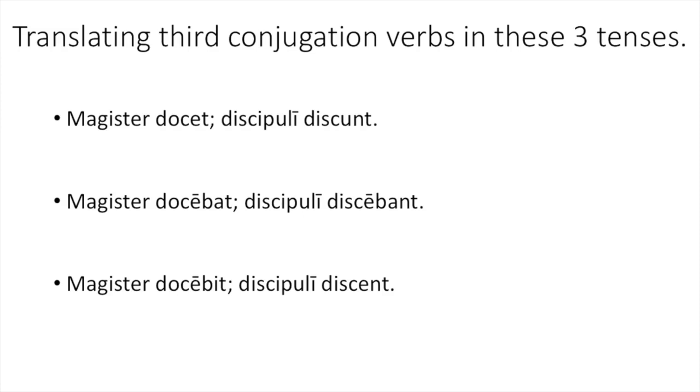You may have noticed that all of these verbs are in different tenses. Docet and discunt are in the present, docebat and discebant are in the imperfect, and docebit and discent are in the future. Notice the bo, bi, bu is future for doceo, docere because it's a second conjugation verb, but discent with that E is future for our third conjugation verb, discere.